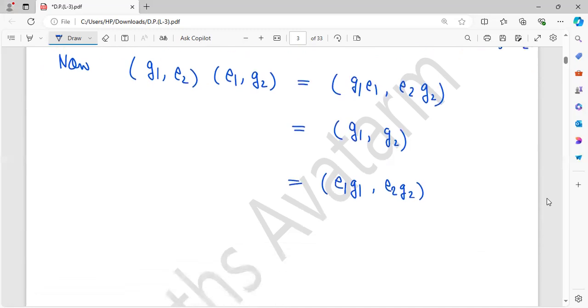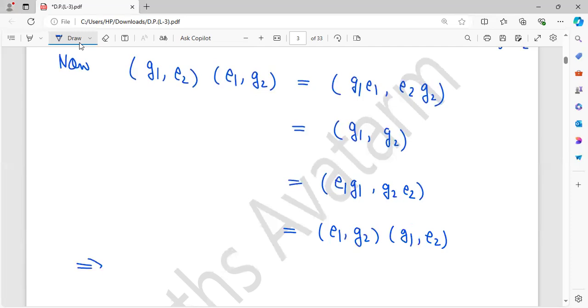Okay. Same thing we can write like that. So what is this? This is (e1, g2). Okay. And this is (g1, e2).